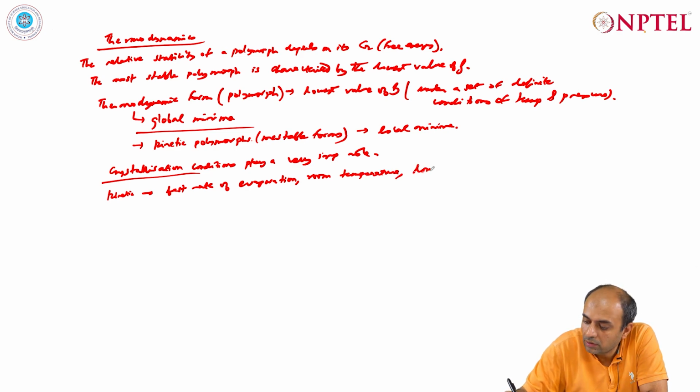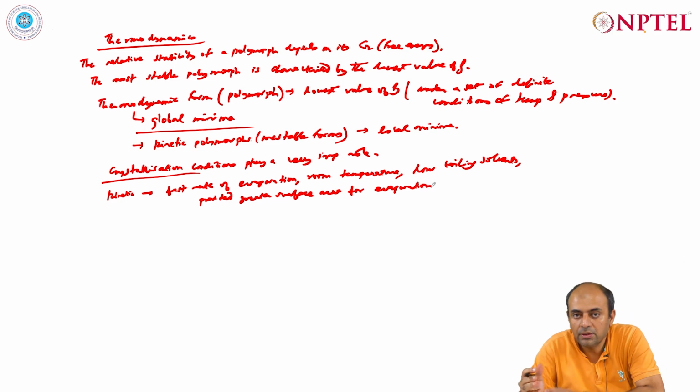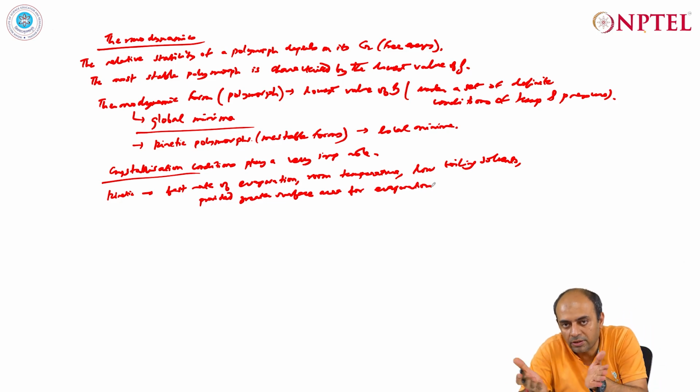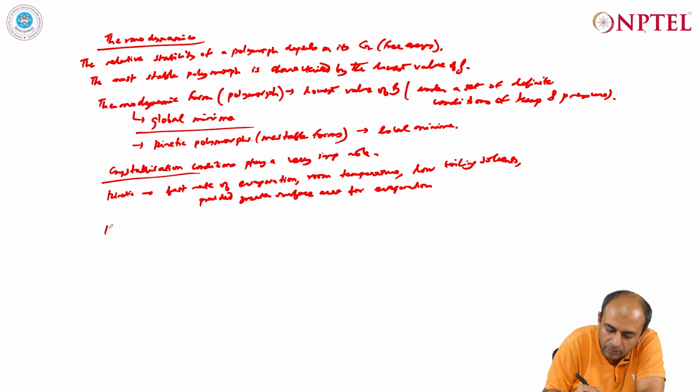You have utilized low boiling solvents which tend to evaporate faster, and you have provided greater surface area for evaporation. That means the crystallization container has got a much wider surface, so now the rate of evaporation is greater. So, all these are the kinetic conditions of crystallization.